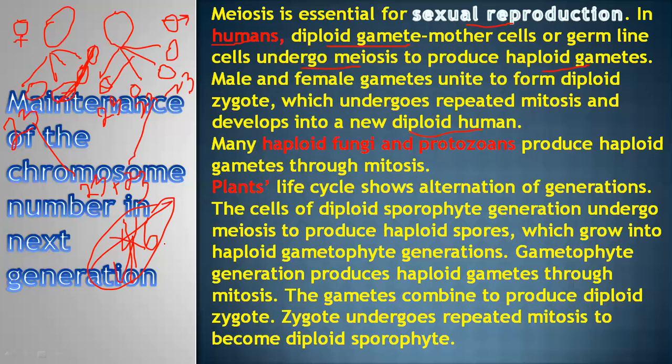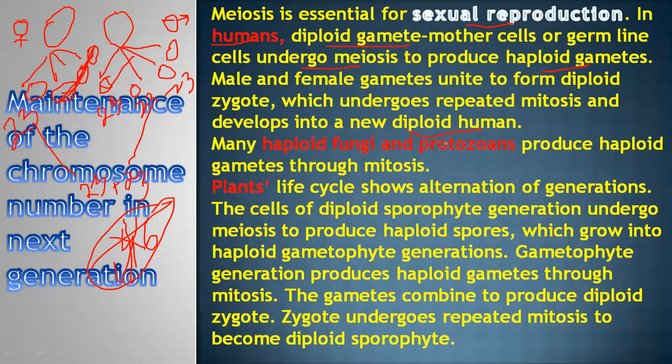So mitotic division starts and a new individual is formed. I hope that you understood all this. It seems to be very complicated, but it's so simple. The complications and detailed structure you will understand in higher classes.